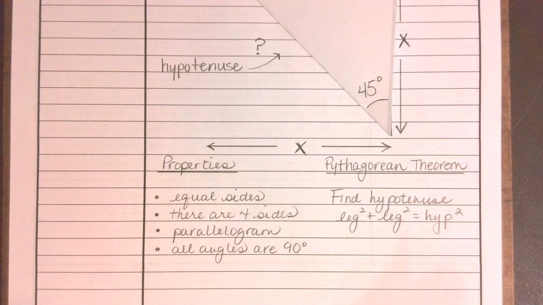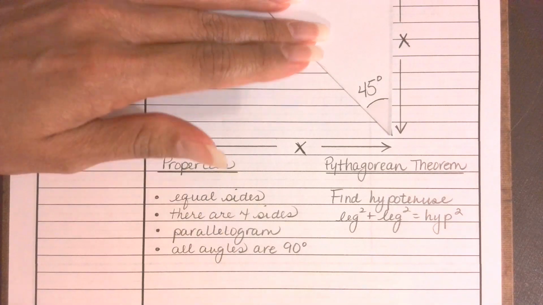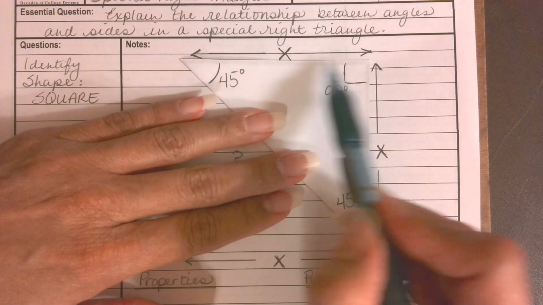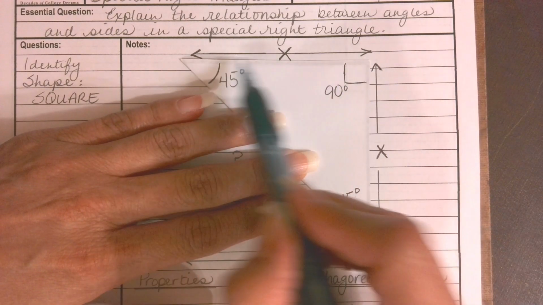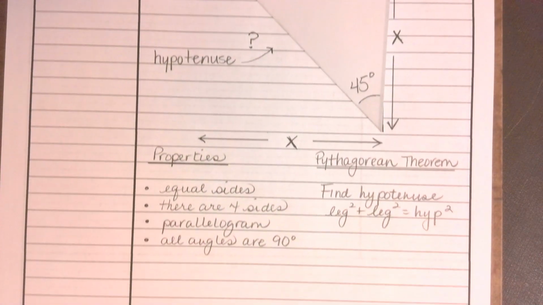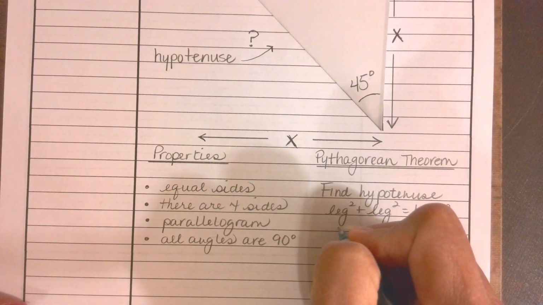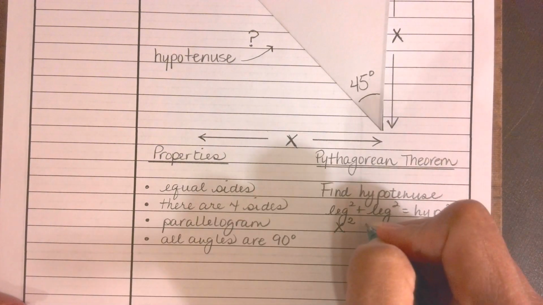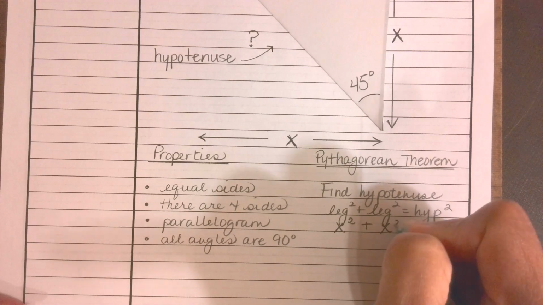Now we knew that the legs were given, and we know these are legs because the legs are what form the 90-degree angle of a given right triangle. So that was given to us in the length of x. So a leg squared, x squared, plus the other leg is an x squared.